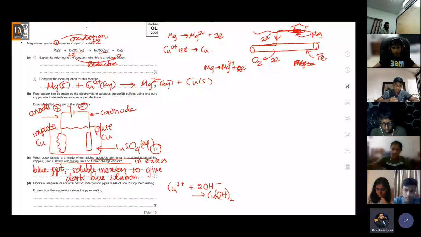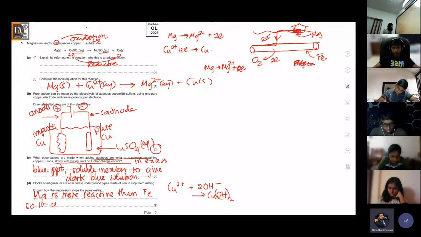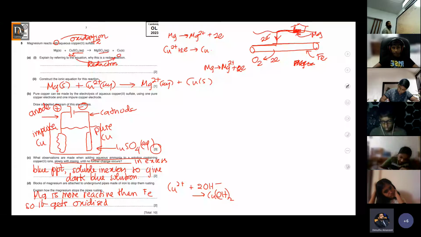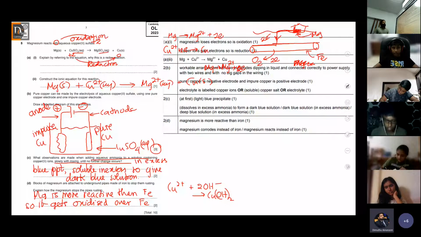Because magnesium is more reactive than iron. That is one mark. So it gets oxidized, or removes electrons, oxidizes preferentially over iron. Magnesium corrodes instead of iron. Take a note: preferentially over iron.